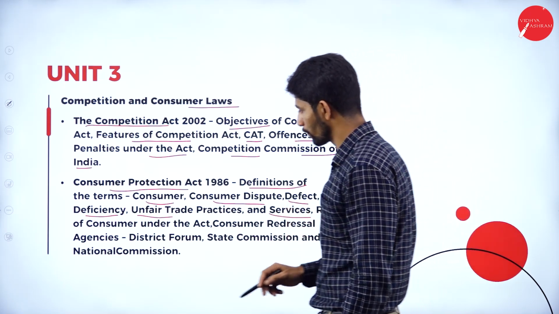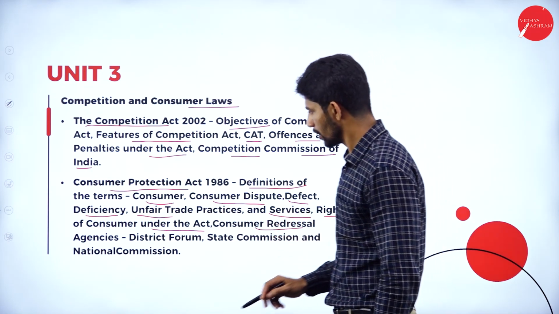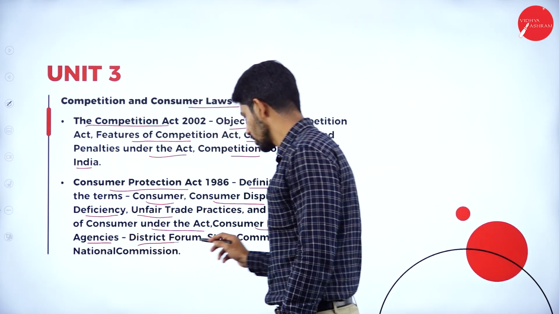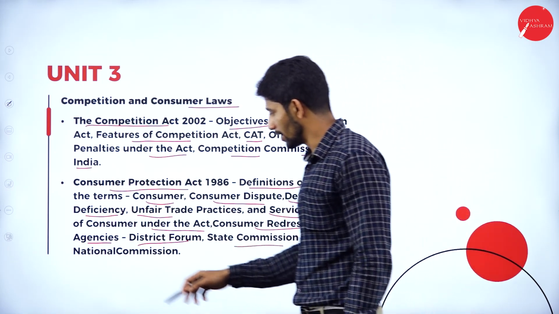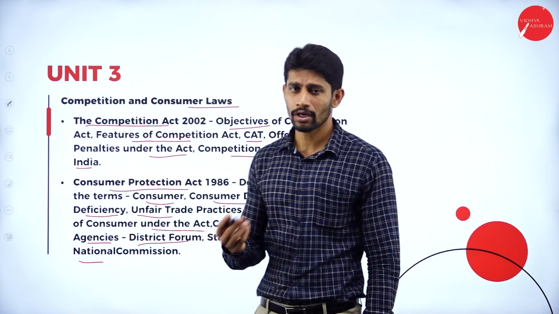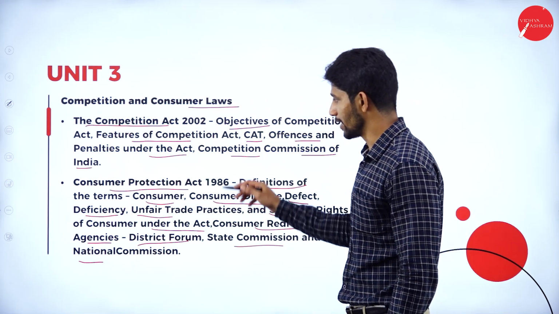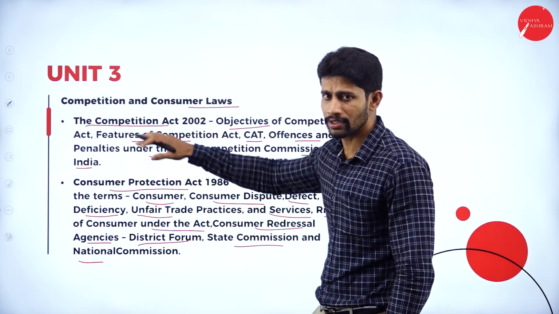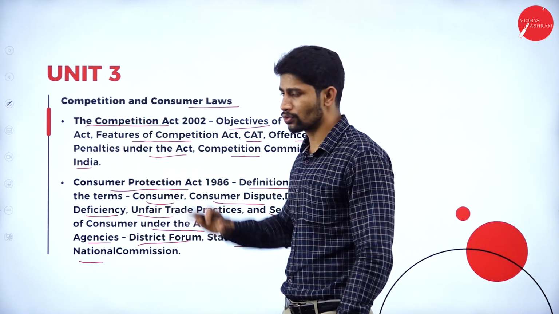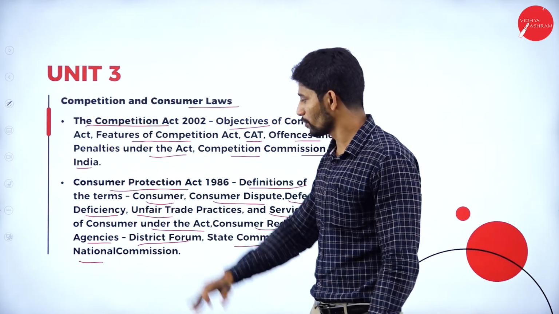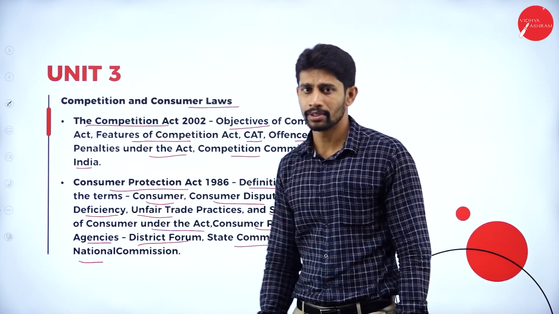Next, the rights of the consumer under the Act, consumer redressal agencies, and what is the district forum, the state commission and the national commission. About this all you are going to study under the Consumer Protection Act 1986. So unit number 3 deals with competition and consumer laws, the Competition Act 2002 and the Consumer Protection Act 1986. These two acts you are going to study under unit number 3.